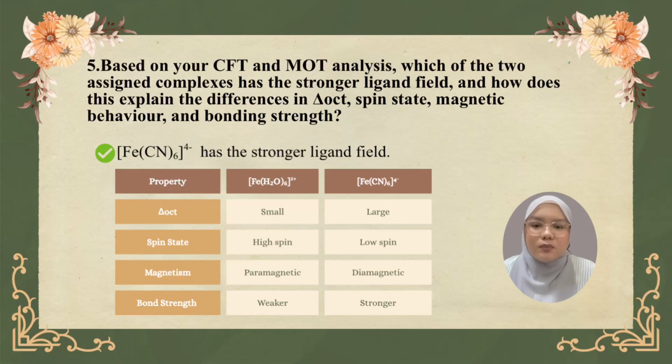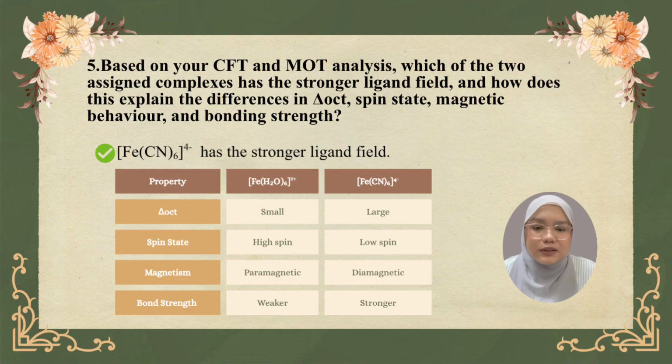So, based on both CFT and MOT analysis, the hexacyanidoferrate(II) complex has the stronger ligand field. CFT predicts that the larger delta o leads to a low spin and diamagnetic complex, while MOT explains that this larger delta o arises because cyanide is a stronger pi-acceptor ligand that forms stronger orbital interaction with the iron ion.